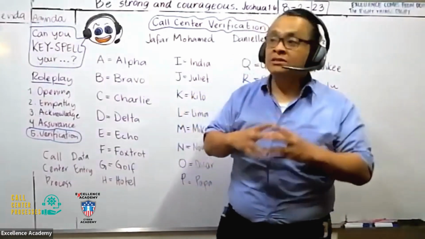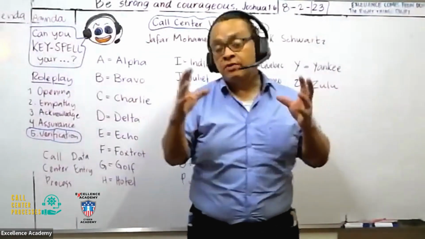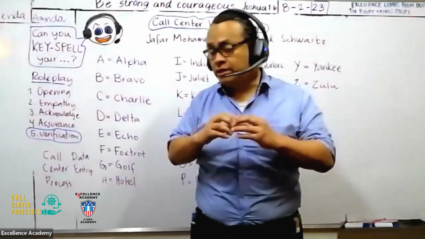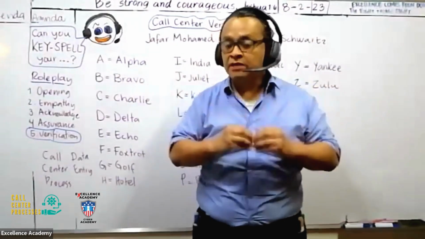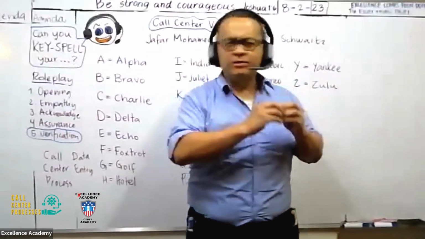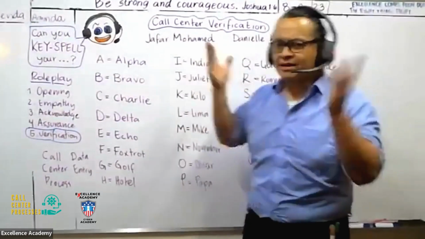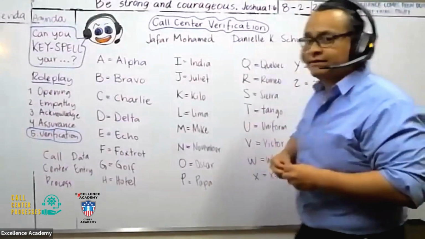So I saw a lot of agents that were doing this for the very first time struggling with capturing information, especially with tricky names and addresses that you've never heard of before, like for instance, Jafar Mohammed or Danielle K. Schwartz. How do you spell that, right?